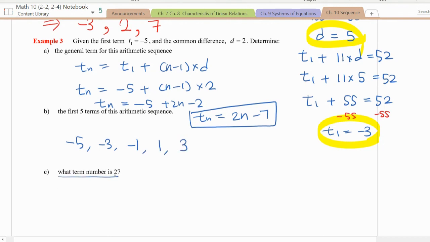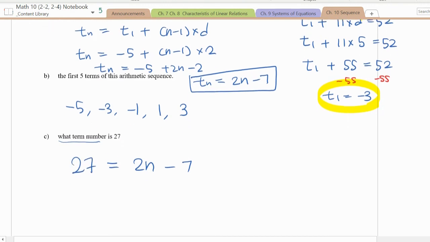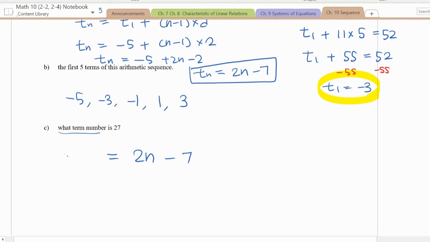It's asking you for the term number, right? So here, it's asking you to find n, the term number. What term number is 27? When the term is 27, we want to find n. Remember, tn equals 2n minus 7.